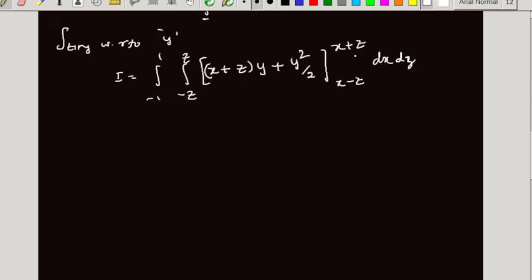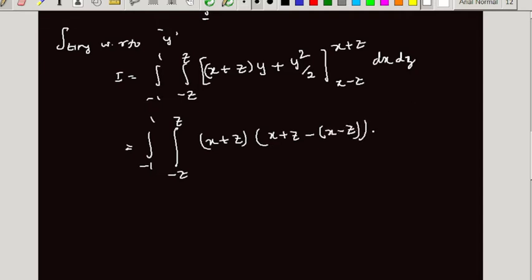So here we apply the upper limit x plus z and lower limit x minus z. x plus z into open bracket, here y is nothing but upper limit x plus z minus lower limit x minus z.